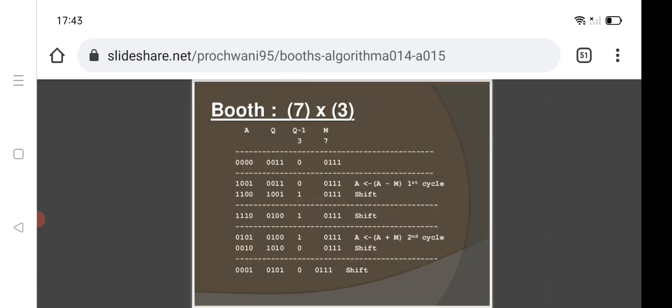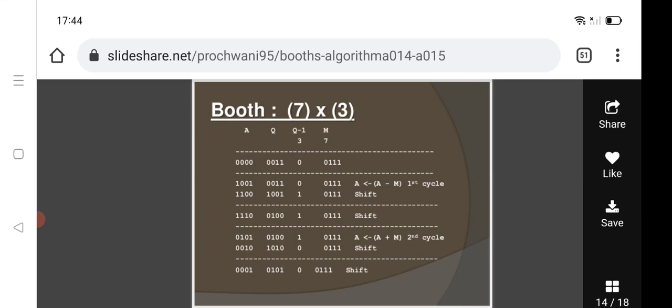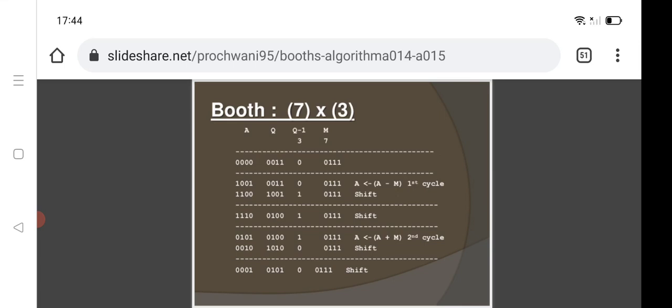I need to shift towards the rightmost position. So what happens when I shift it? Q minus 1 value will be discarded. Your Q naught value will be coming into the Q minus 1, so 1 will be coming towards Q minus 1, and your Q value will be loaded with 1, 0, 0, 1.